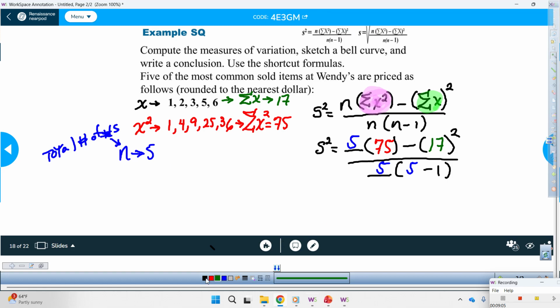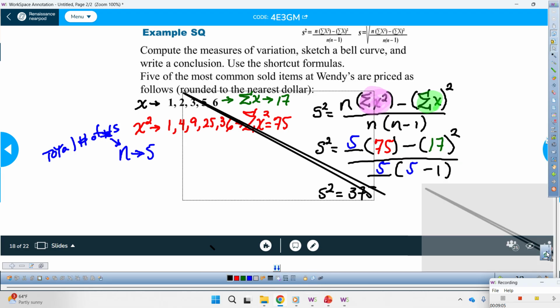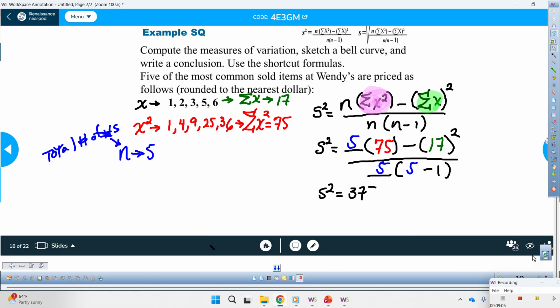cake, computation. Here we go. Variance: 5 times 75, that's 375, I believe. Double check. Oh my goodness. I'm going so fast that the computer is glitching on me. Here we go.